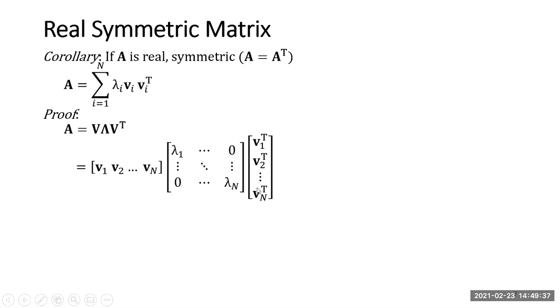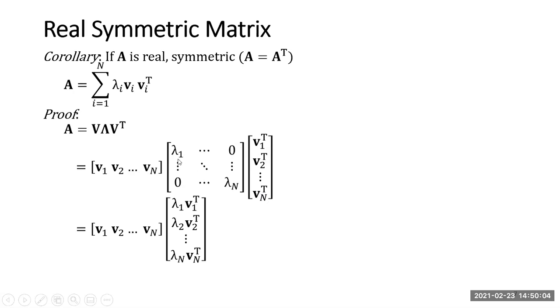Now let's multiply the second and third matrices here. Lambda 1 V1 transpose, plus, you know that these are all zeros, plus 0 times V2 transpose, plus all the way to 0 times Vn transpose. So the first row would be lambda 1 V1 transpose.